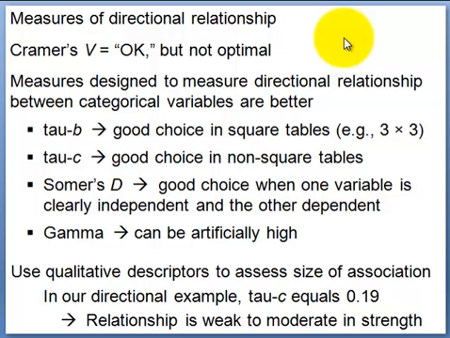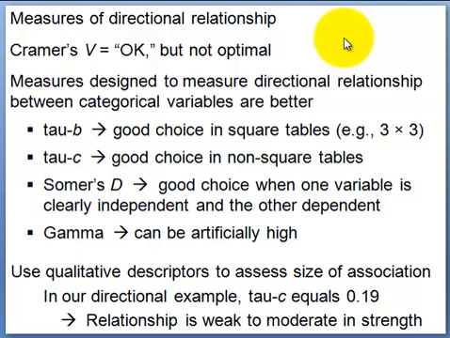This slide lists some good measures of directional association between ordinal-level categorical variables. One problem perhaps is there's not a single best measure, but tau b is a good measure of directional relationship in square tables, that is, for instance, the same number of rows and columns.